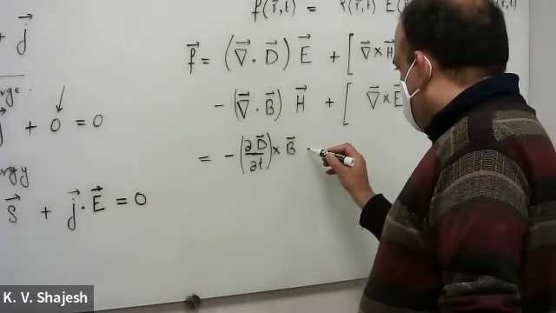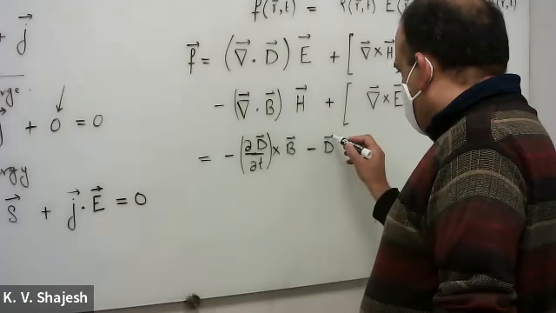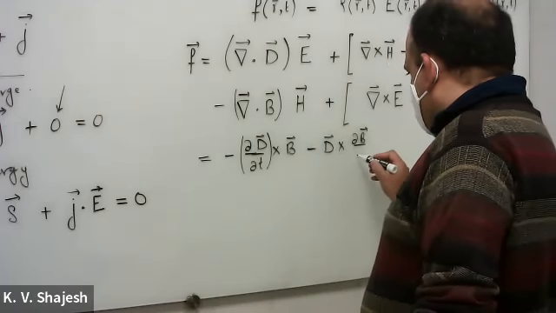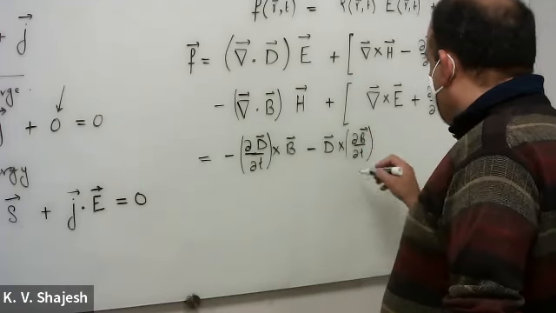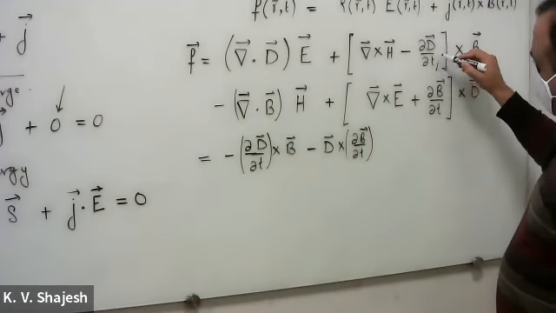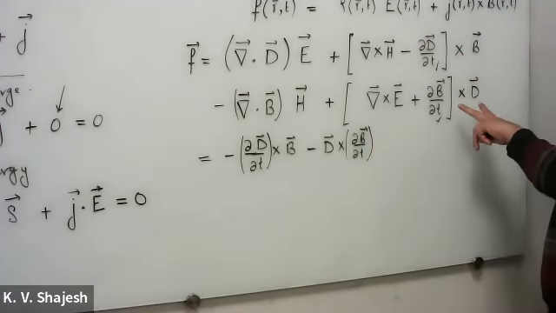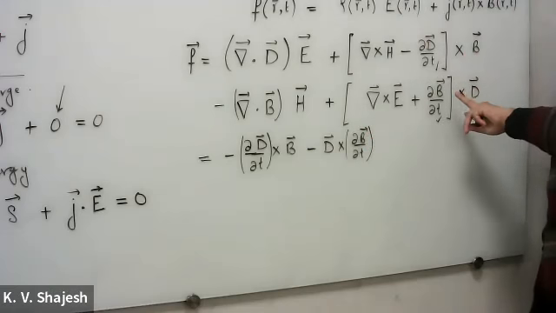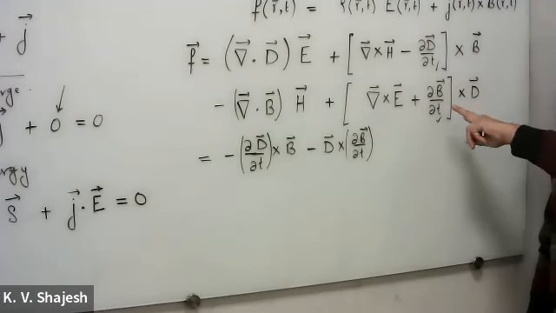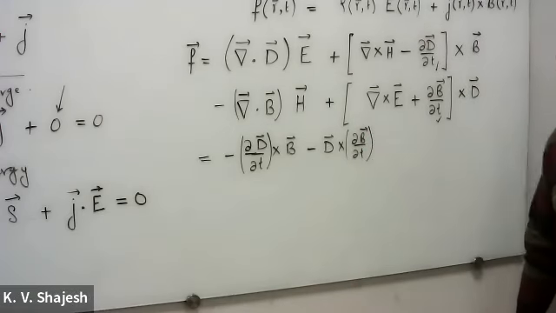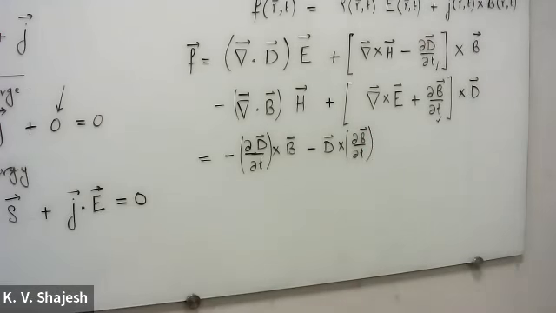So this will be minus of D crossed with dB by dt. Hopefully that's clear, right? I took care of this term and this term, the two time derivative terms. I flipped the cross product, which gave me an extra negative sign. Is that clear?